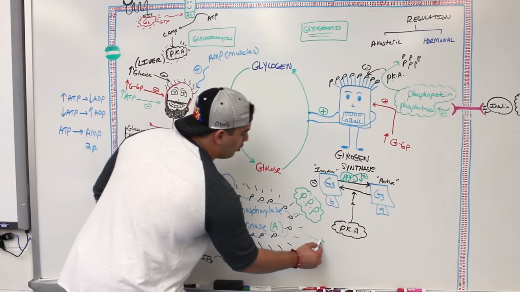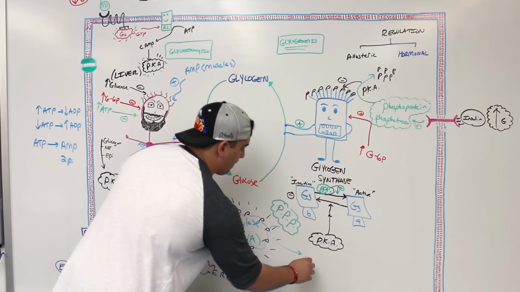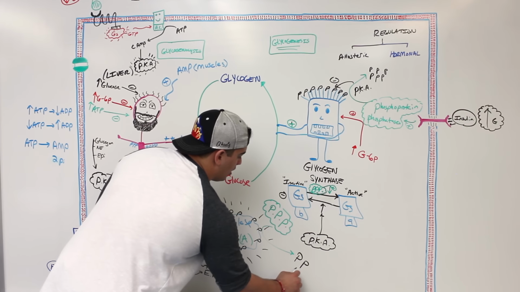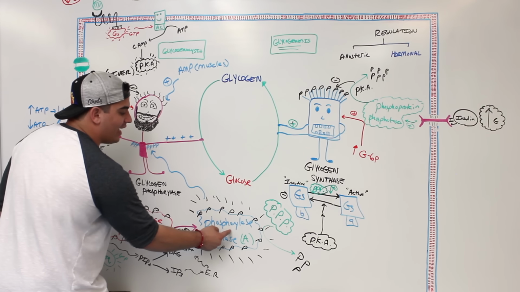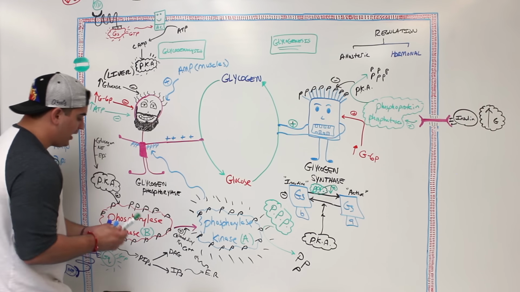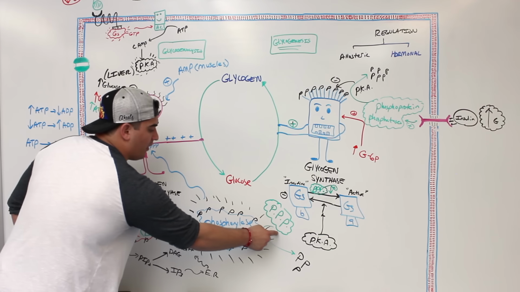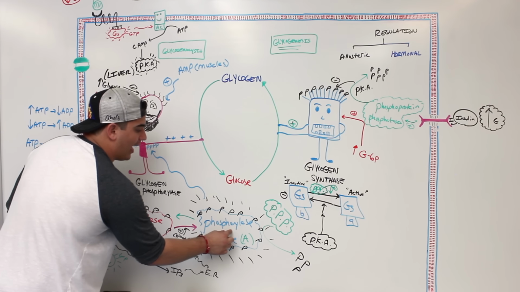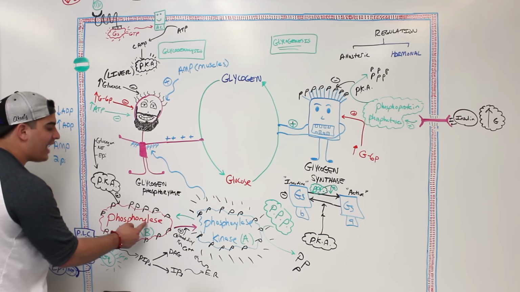They'll remove the phosphates off of this phosphorylase kinase A. When they remove these phosphates, then what will happen? This then will convert back into the inactive form. So again, phosphoprotein phosphatases act on the phosphorylase kinase A, rip off the phosphates, and he'll go from the active form back to the inactive form.